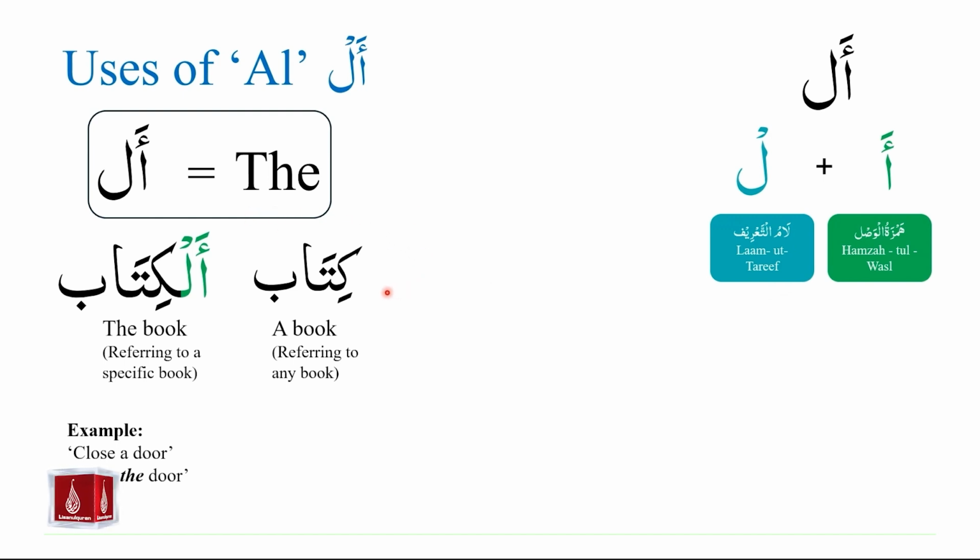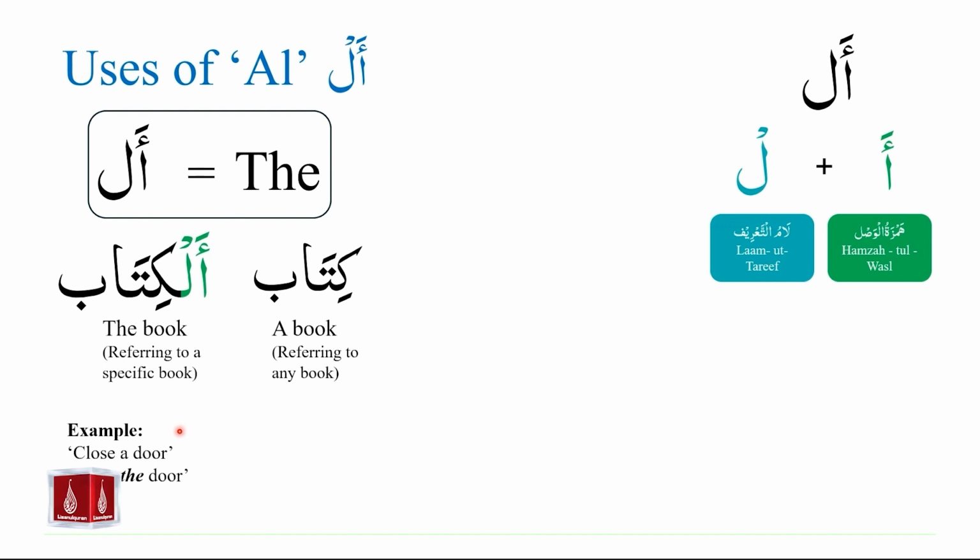So if we take the word kitab as an example, kitab means a book, meaning that it is referring to any book. But when we add al to kitab, we create the meaning of the book, meaning that we are referring to a specific book. So the addition of al to an ism brings out the meaning of the and adds specificity.